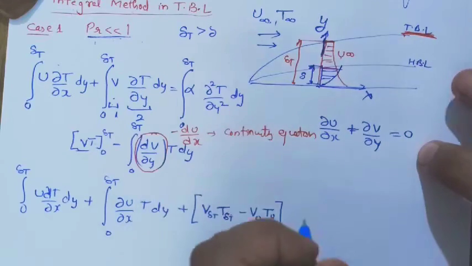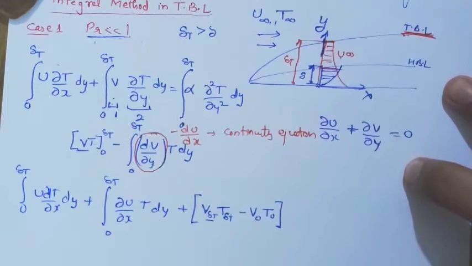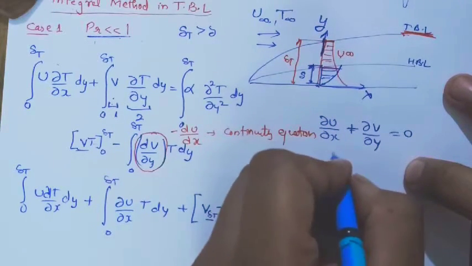And what is the value of this V at delta T?